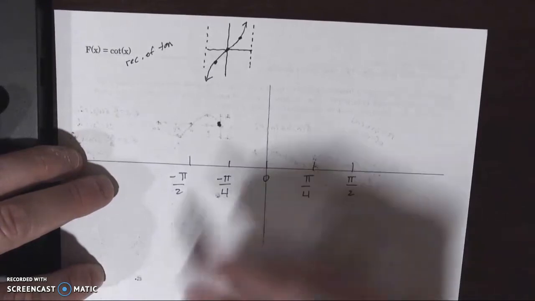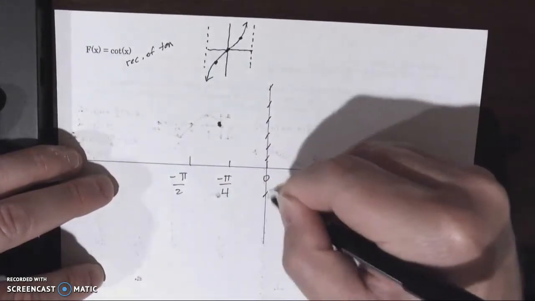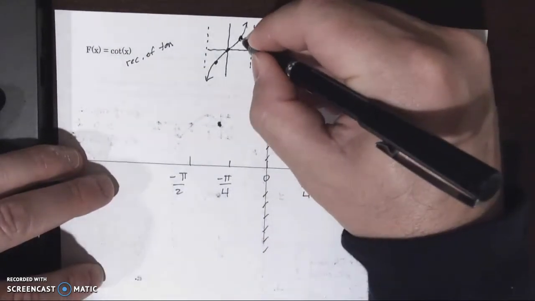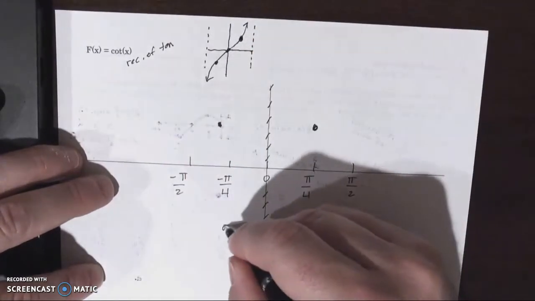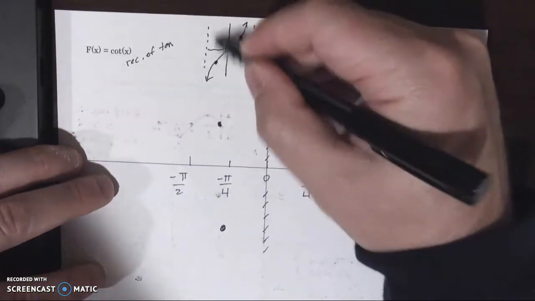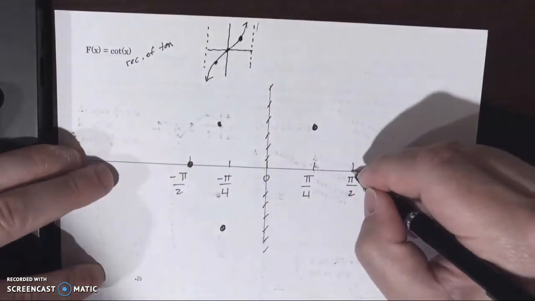All right. Where tangent is 0, cotangent would have a vertical asymptote. Where tangent equals 1, cotangent would still equal 1. Where tangent equals -1, cotangent would still equal -1. Okay? Where tangent has an asymptote, cotangent would be 0.